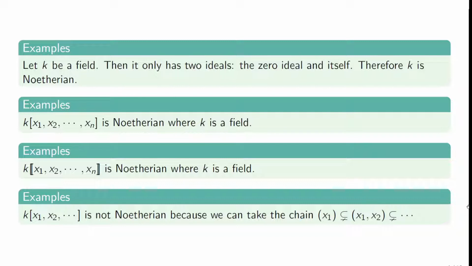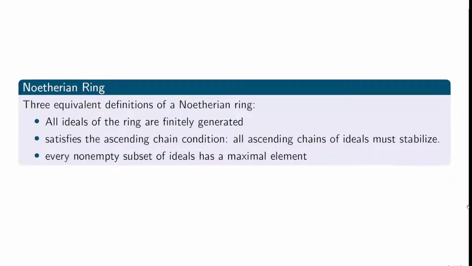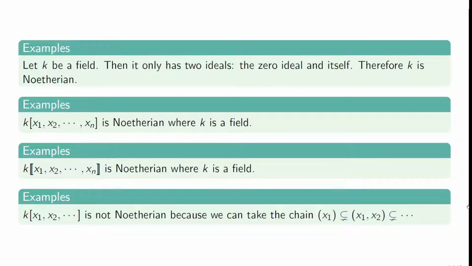If we use the second way of defining a Noetherian ring, which was satisfying the ascending chain condition, the only chain of ideals we can make in a field is the zero ideal contained in the field itself, and that's definitely going to terminate, and that means that it's Noetherian.